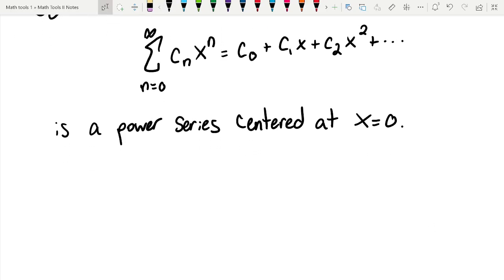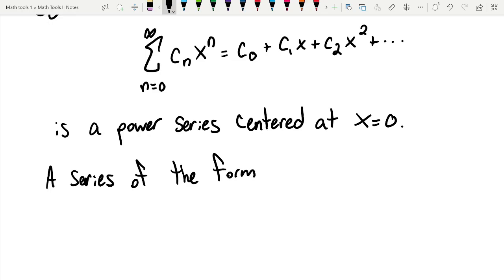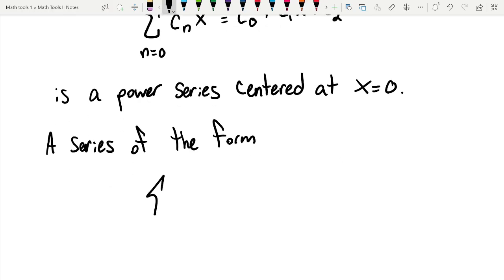And if we want to center it somewhere else, we can tweak the definition a little bit. So a series of the form, basically the same thing, but instead of x, we're going to have x minus a to the n.